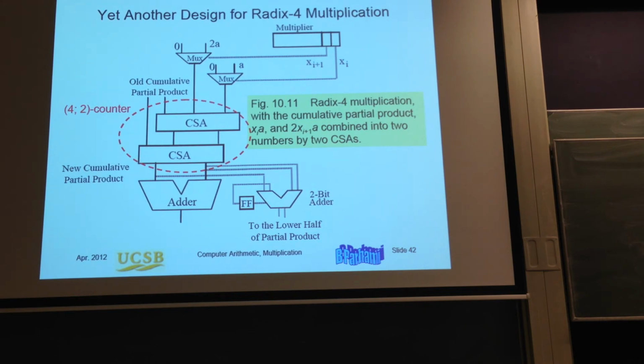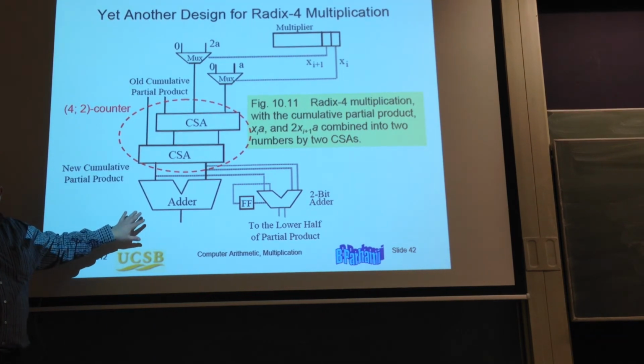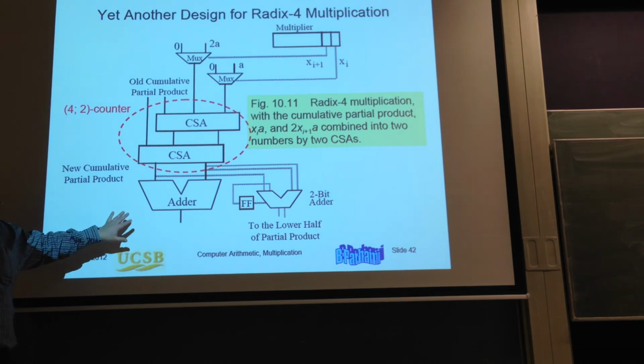Now, yet another design. I'm not doing Booth recoding, I am just relying on the calculation of 3A based on multiplexers and full adders. I'm taking 2 bits at a time because this is again a Radix-4 calculation.